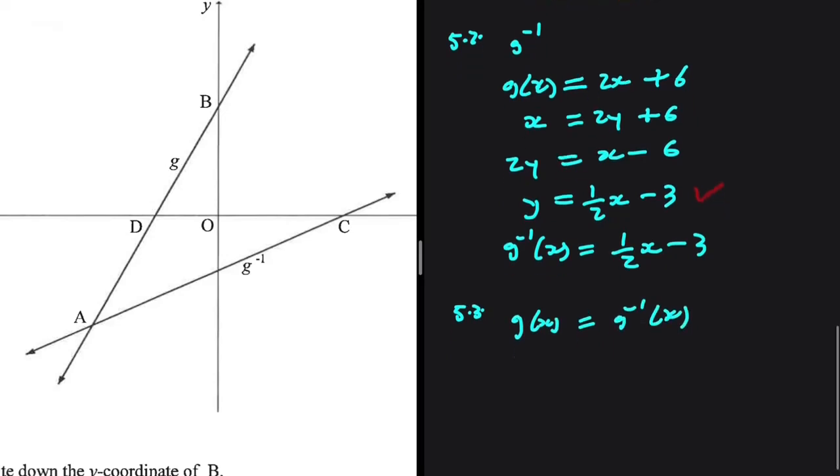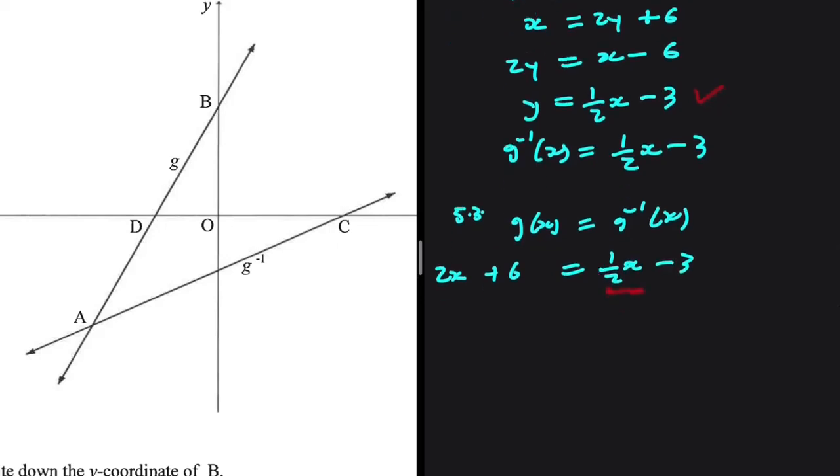If we do that, we're going to have 2x plus 6 equal to a half x minus 3. Let me take a half x to the left hand side. If I do that, I'm going to get 3 divided by 2 x equal to minus 9. I'm taking plus 6 to the left hand side. I'm going to get minus 3 minus 6, which is minus 9.